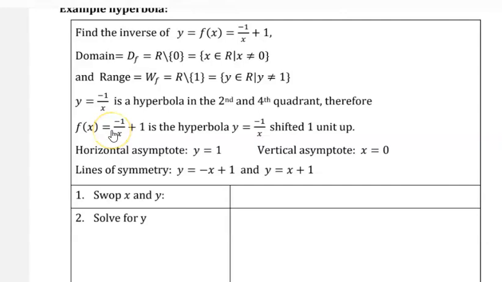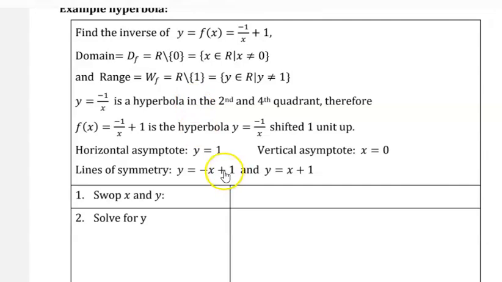So this new graph, f of x, is the simple y equal to minus 1 over x shifted 1 unit up. This graph will have a horizontal asymptote at y equal to 1 because y cannot be 1, and a vertical asymptote at x equal to 0 because x cannot be 0.